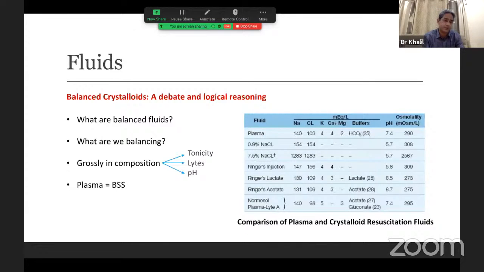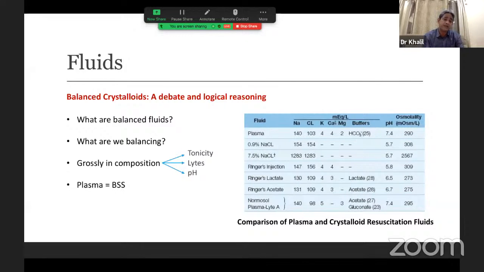Now, what are balanced crystalloids? This is a debate and logical reasoning. So let us know what balanced fluids are. By balancing, what are we talking about? Balanced fluids are fluids whose composition is similar to that of the plasma.